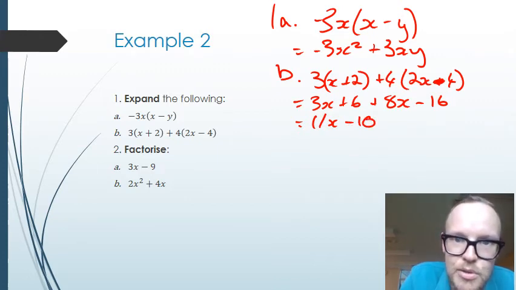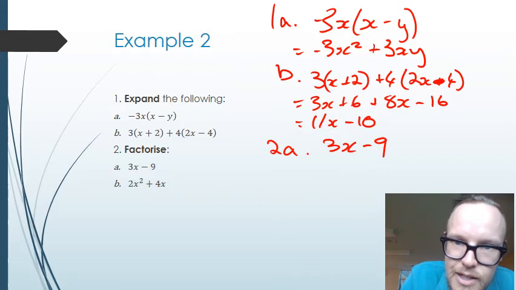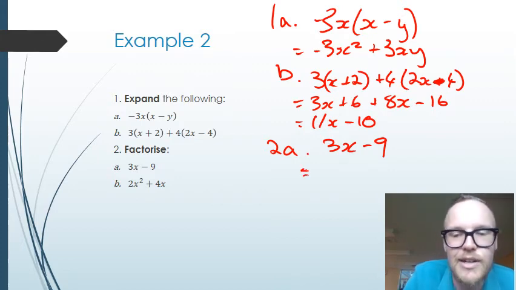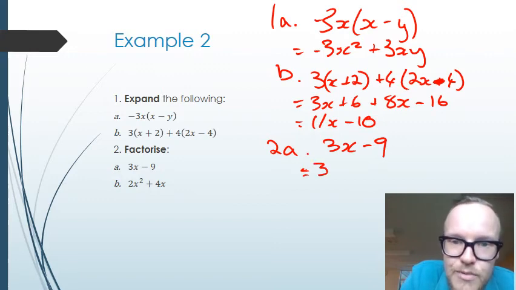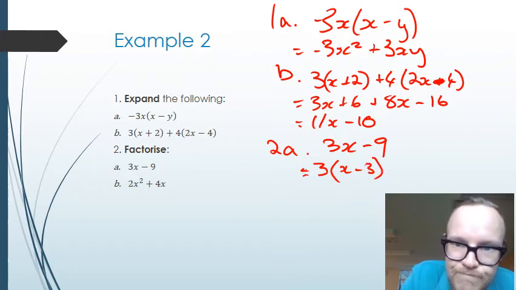We're going to look at factorising now. 3x minus 9. So taking out the highest common factor of 3x and 9, the highest common factor is 3. So that means inside the brackets I'm going to do 3x divided by 3, which is just x, and then minus 9 divided by 3, which is going to be minus 3.